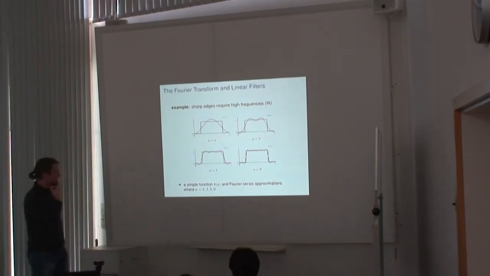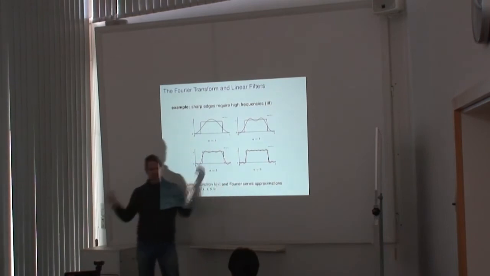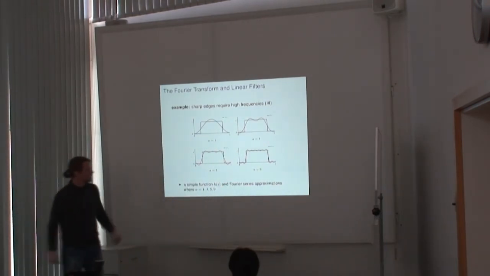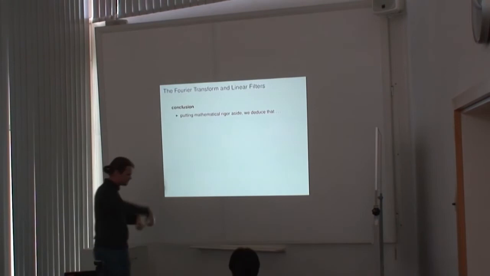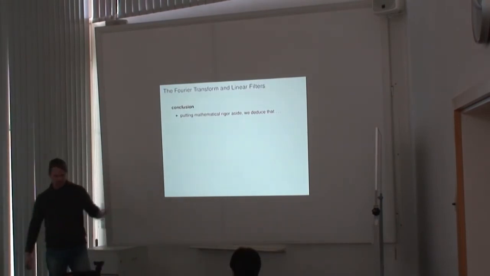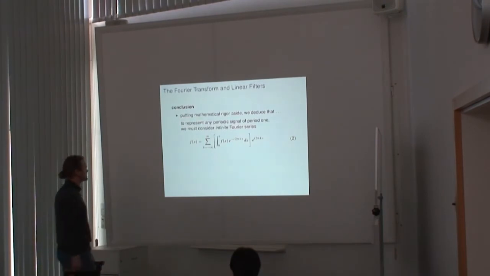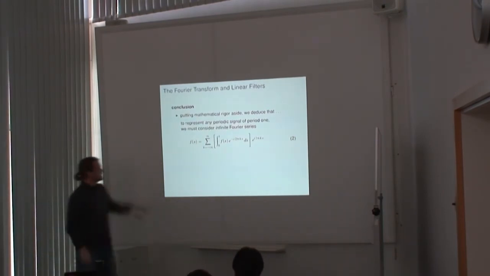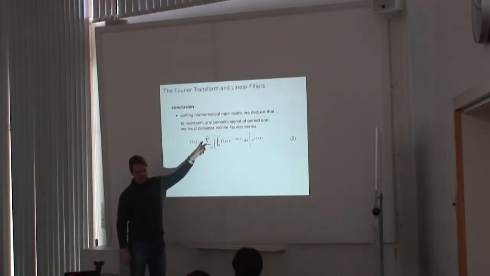And this is what I mean when I say it takes high frequencies. So with n equals 9, we have a summation over a wider range of frequencies to make sharp edges. And therefore, again, without proof, because that would take us too far afield, we deduce that to represent any periodic signal of period 1, we must consider infinite Fourier series.